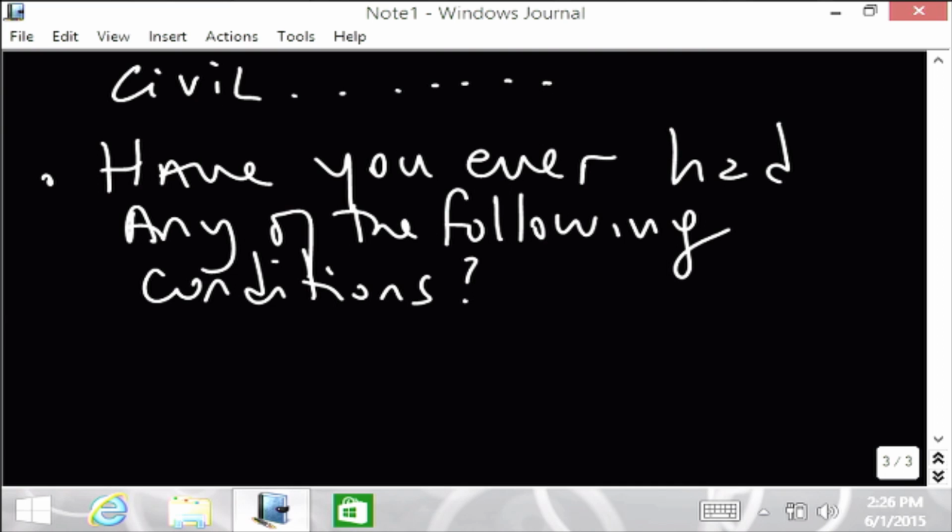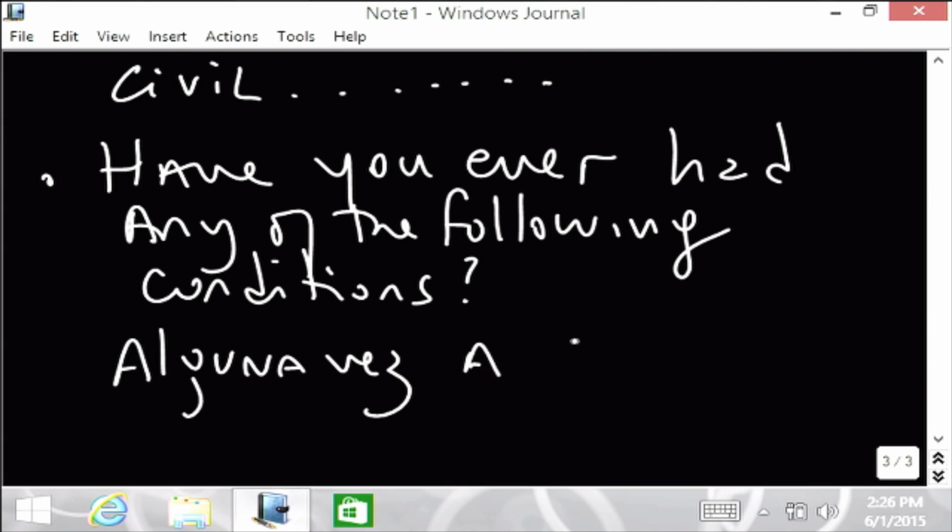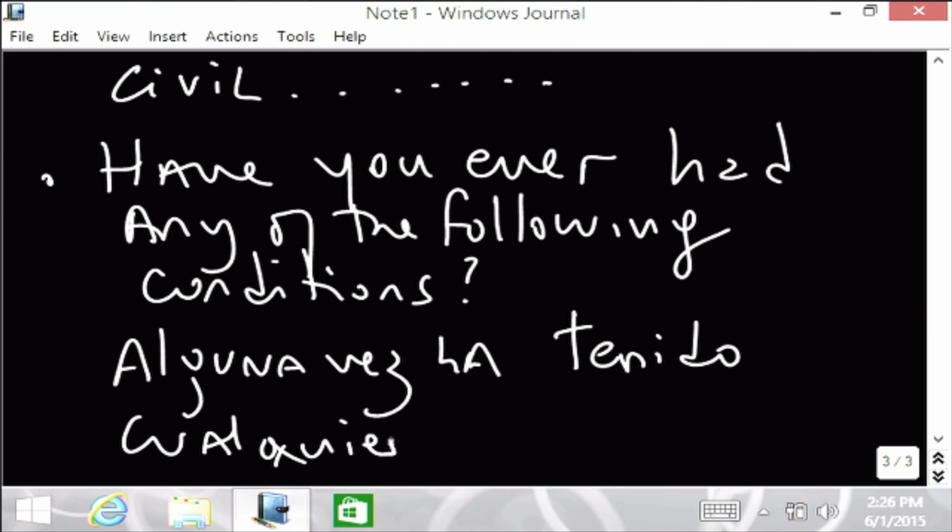So usually in Spanish, we start with "ever": "alguna vez ha tenido," there's an H, "ha tenido." And here we do use "cualquiera de las siguientes afecciones."